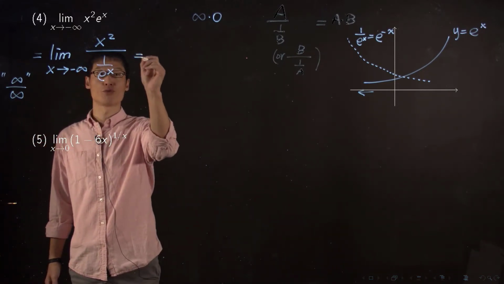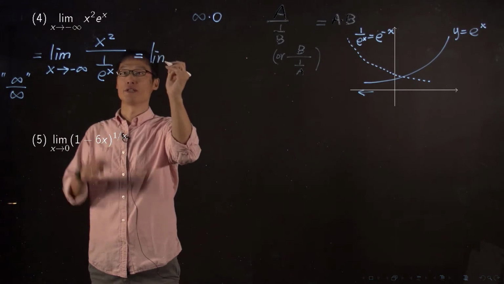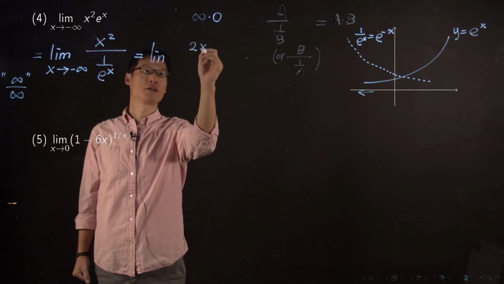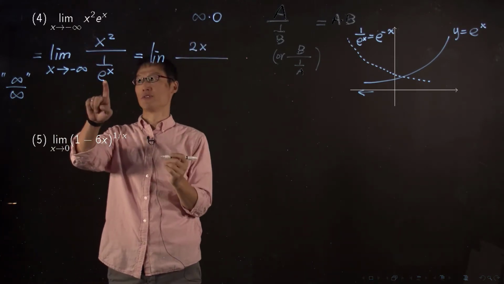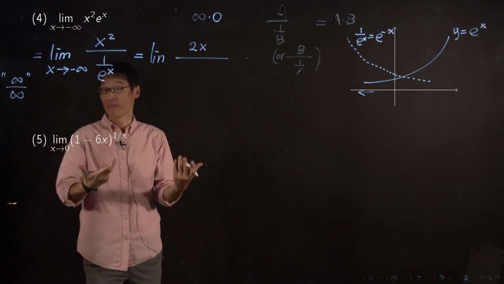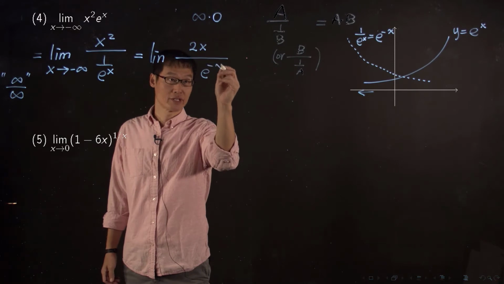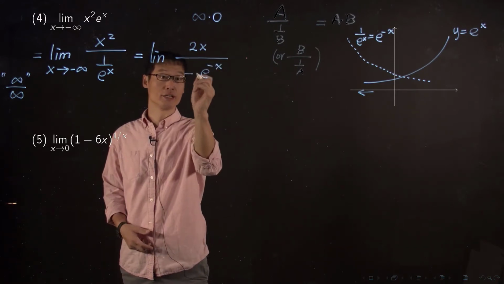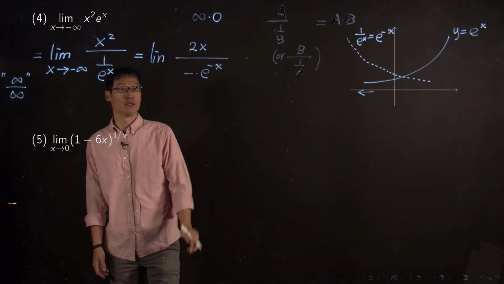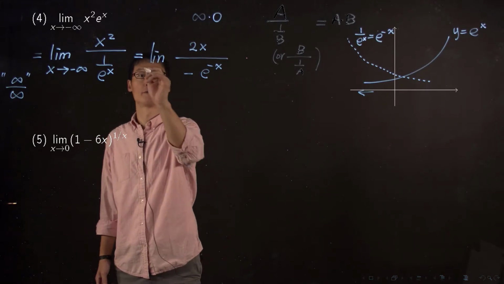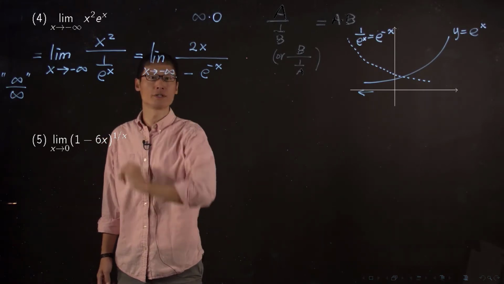Okay, so L'Hopital's rule says this limit is the derivative of this guy over the derivative of this. Well, this is just e to the negative x. So the derivative of this is e to the negative x again, but you will need a negative. Good.